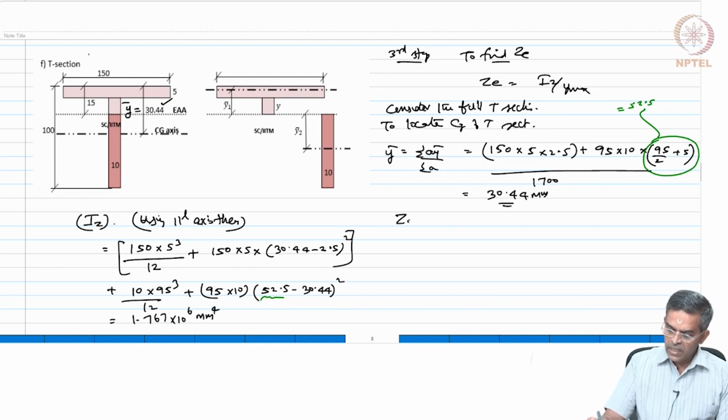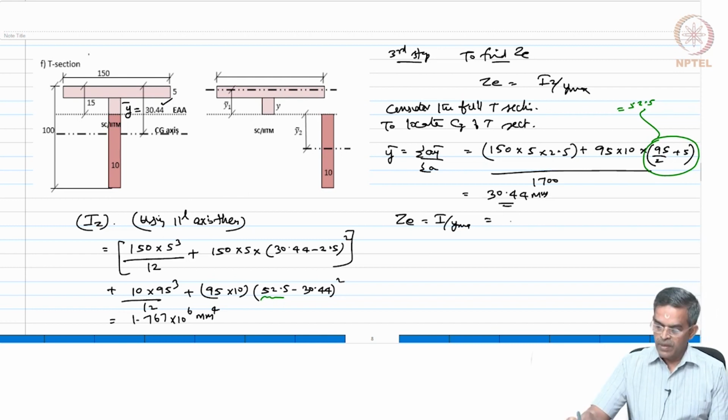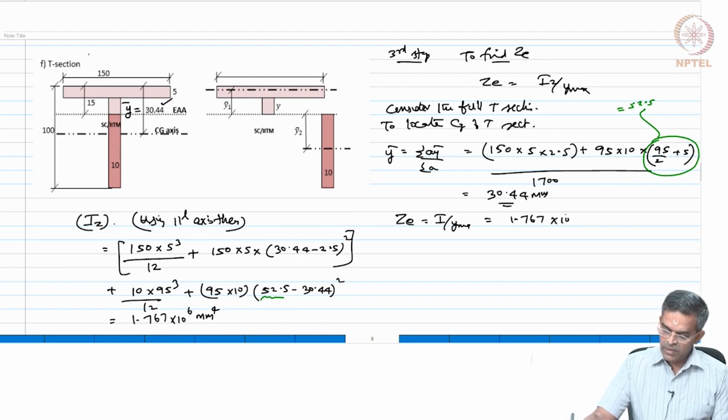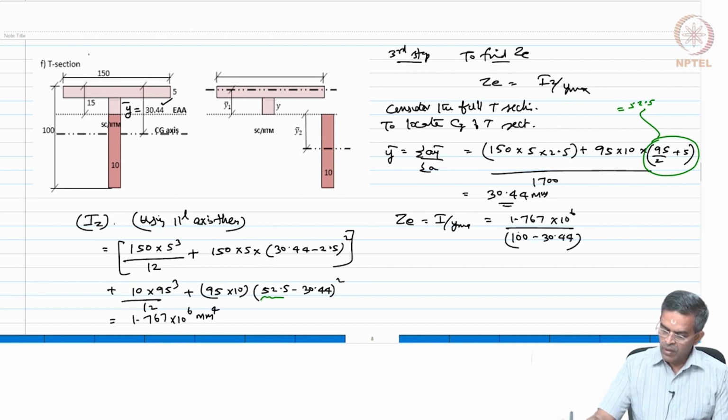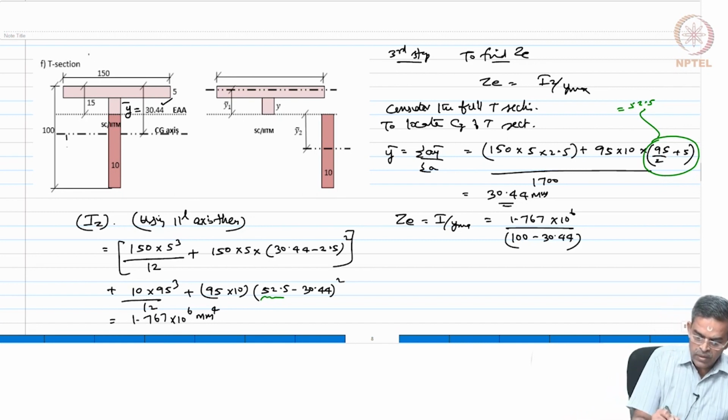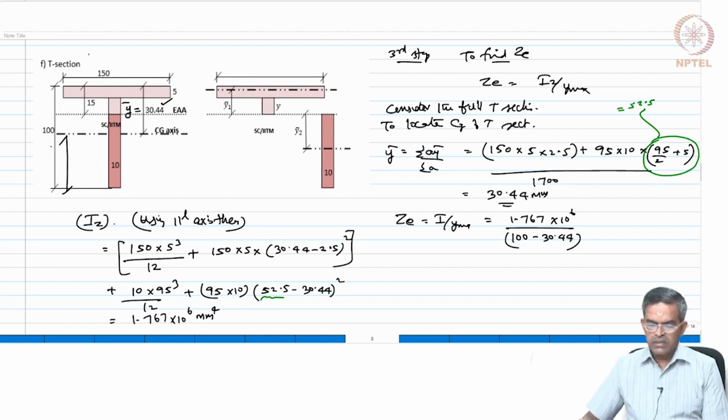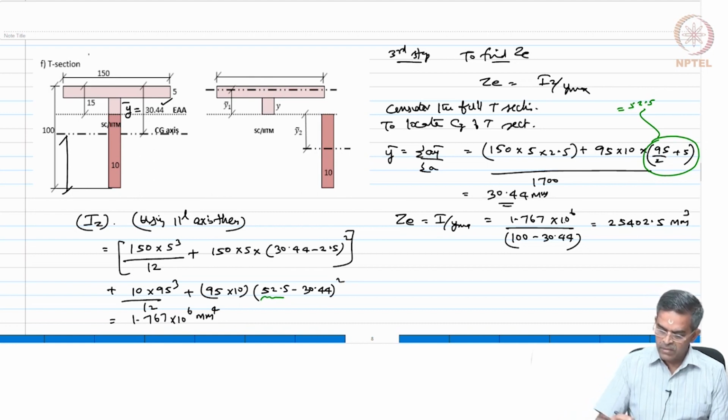So, now I can find Ze, which is I by y max, which will be 1.767 × 10^6 by y max, which will be 100 minus 30.44, because this dimension is 30.44 and this value will be 100 minus 30.44. So, substitute that here, I got 25402.5. This should be y max, remember that friends, this is y max.